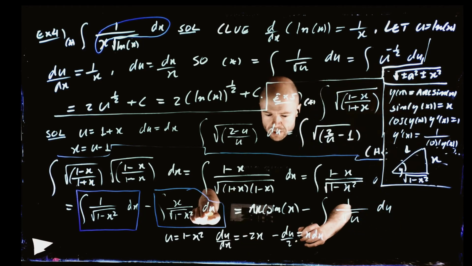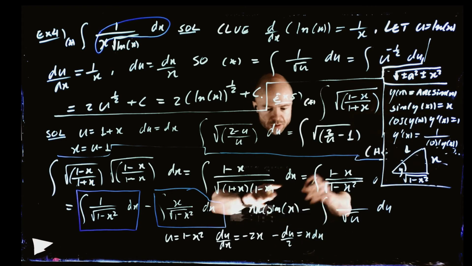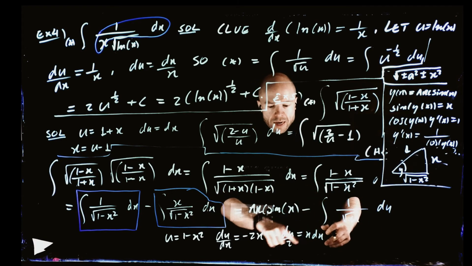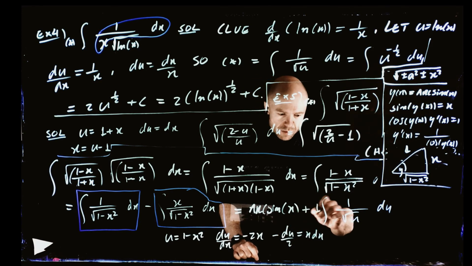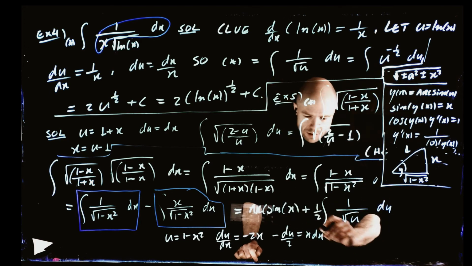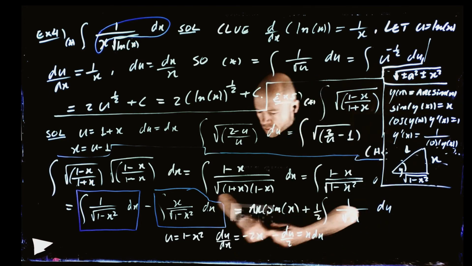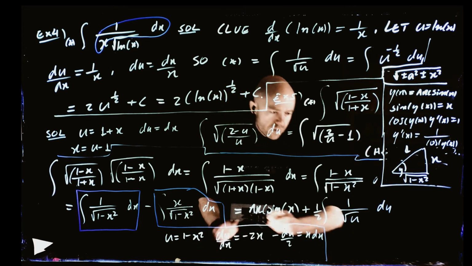We replace the x dx with this thing, but at the cost of having this minus a half here. So then this thing becomes plus 1 over 2. And then this is all stuff we can calculate. So let me put a box around this, so we don't mix up what we're doing.